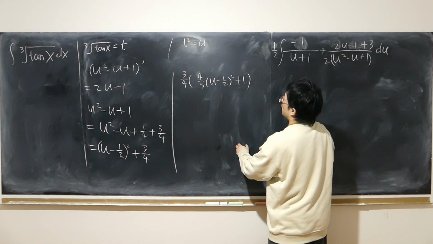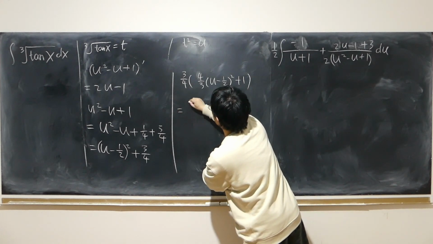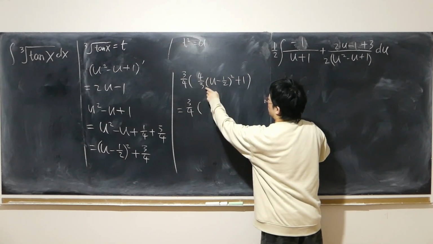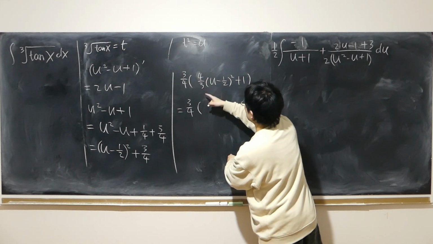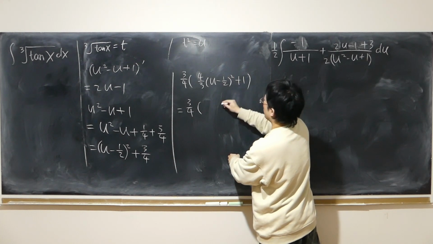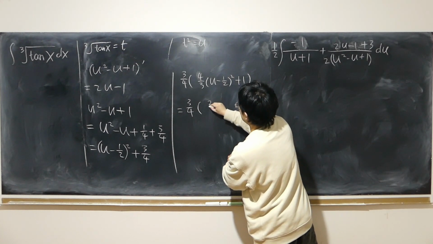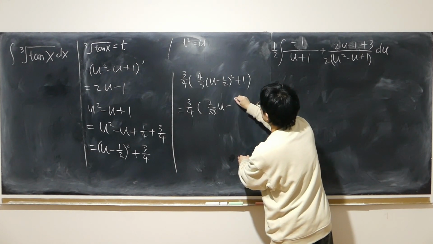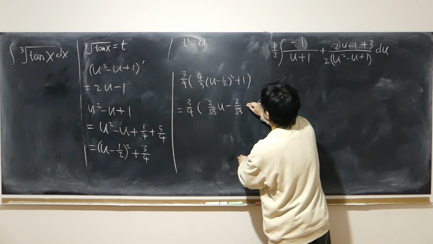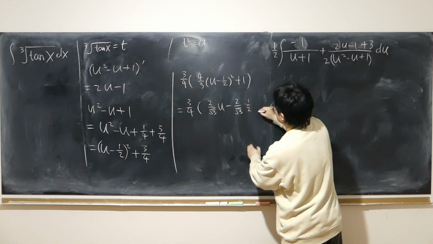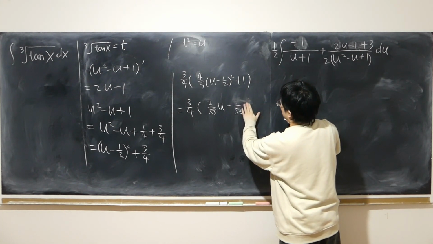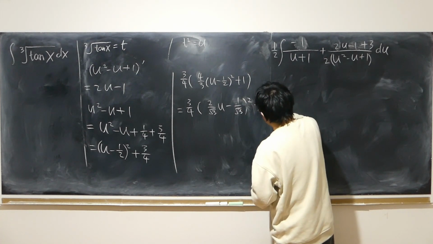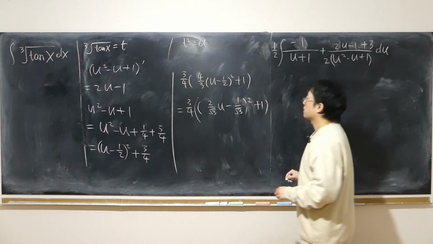Rewriting 4 over 3 as 2 over square root of 3 squared, I distribute 2 over square root of 3 onto u minus half, giving the square plus 1.